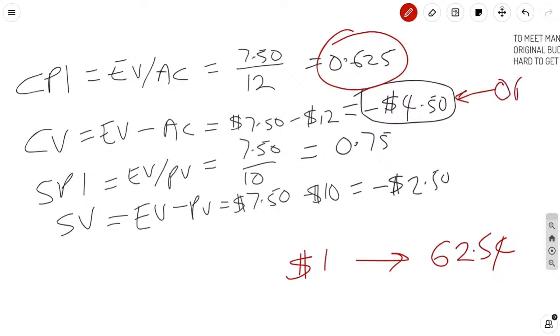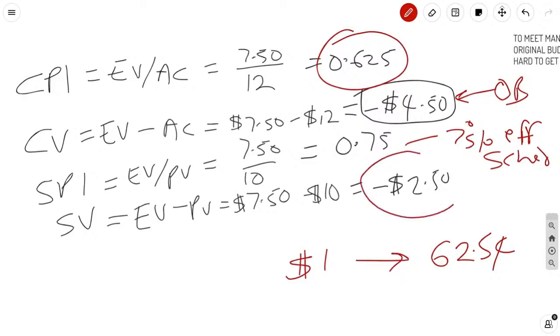You're over budget. Okay? And then the 0.75 means you are only 75% efficient schedule-wise. That means you're planning to do 10 things and you're only getting 7.5 things done. You are behind schedule, and if it continues like that, you're going to end up being late overall.